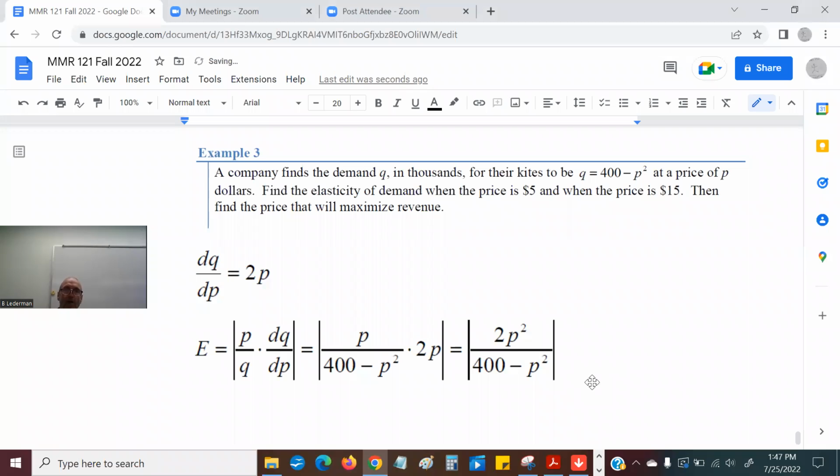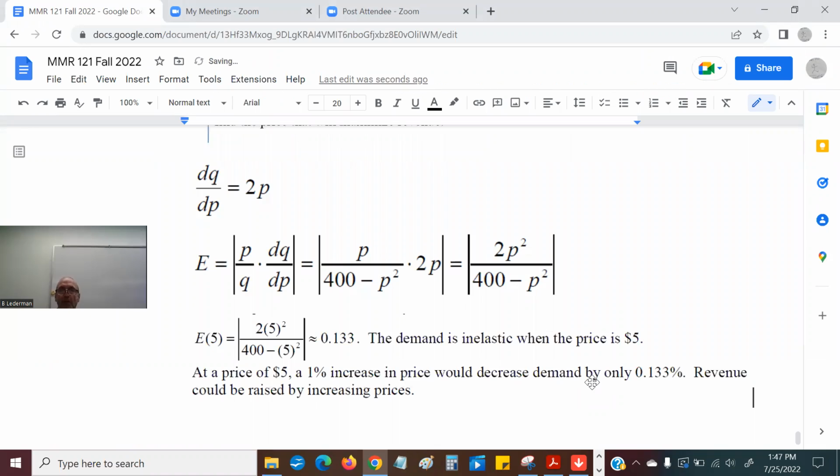So plugging in P equals 5, we get E of 5 is equal to 2 times 5 squared over 400 minus 5 squared. Absolute value, well, it's positive anyway, but it comes out to be approximately 0.133. Now, the demand is inelastic when the price is 5 because 0.133 is less than 1.